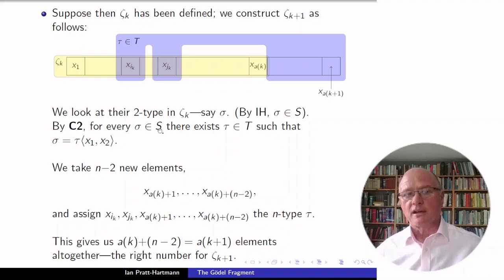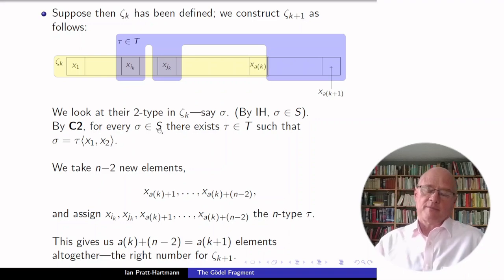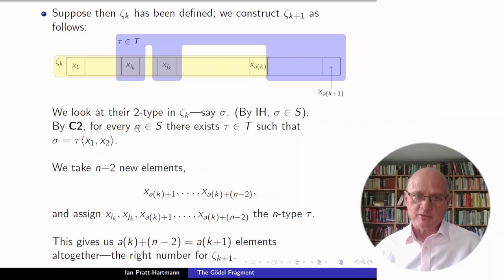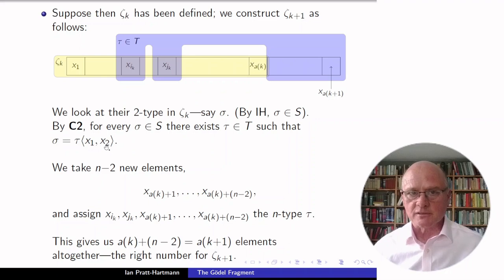That's one of the invariants that we are maintaining. So if we take the 2-type of xik and xjk, that will have to be some 2-type sigma which is in S. And by condition C2 on certificates, there exists a tau in T such that sigma is simply the projection of tau onto its first 2 elements.